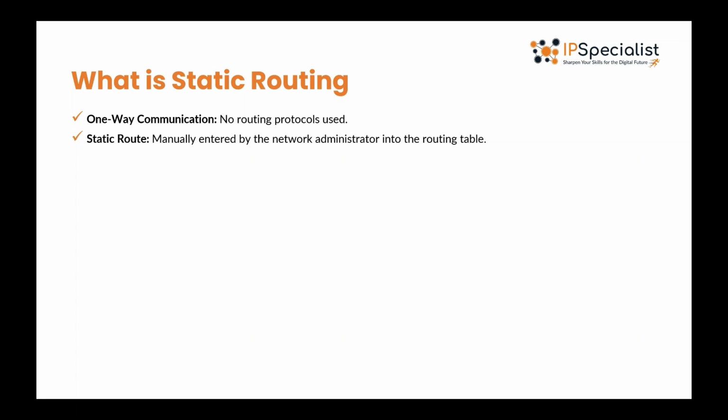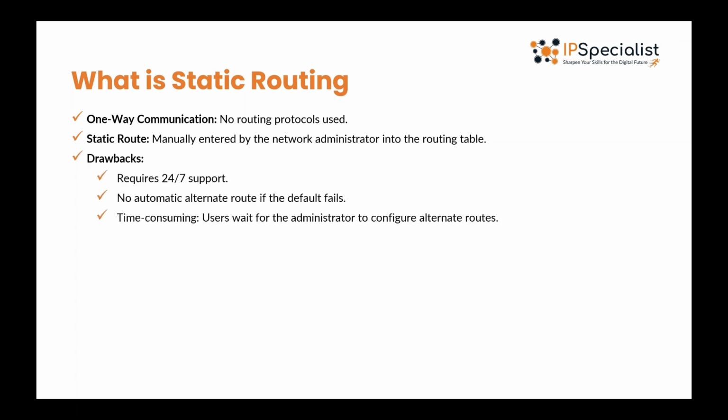In an IPv4 network, a static route tells the data packet how to travel from one place to another. It uses three key pieces of information: the destination IP address, where the data is going; the subnet mask, which helps to identify the network part of the IP address; and the next hop IP address or exit interface, the next stop for the data on its way to the destination.